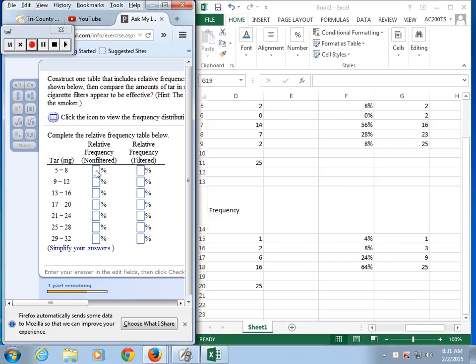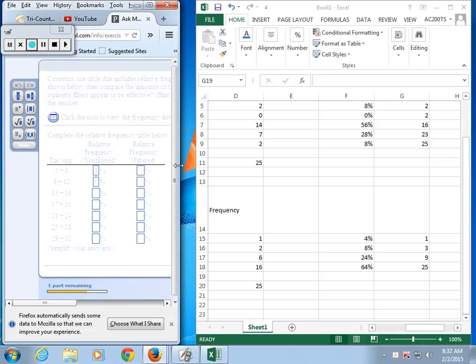So my relative frequency is 8, 0, 13 to 16 is what, 56? I gotta look and see.